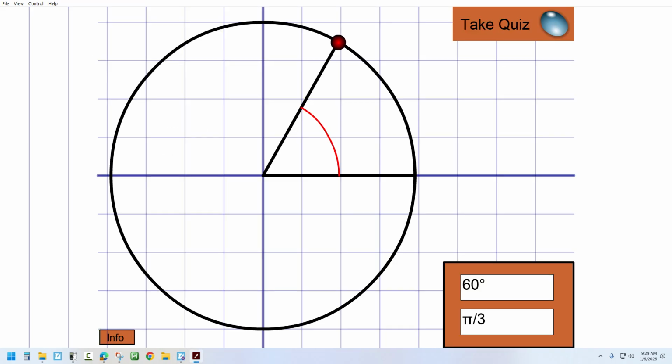But we've got to get used to not writing RAD. So in trig, whenever you write an angle, if it doesn't have a label, it's automatically radians. The only time it's degrees is if you put the circle on it. Any question? So we're gonna stop writing RAD now.